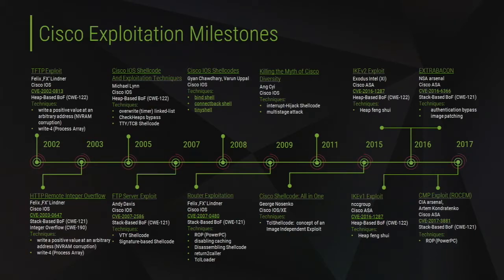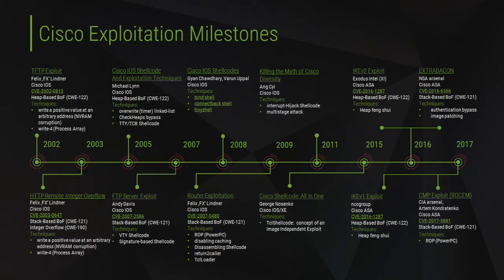Speaking of the latest notable events in the world of Cisco exploitation, we should mention two exploits for Cisco ASA that appeared in 2016.